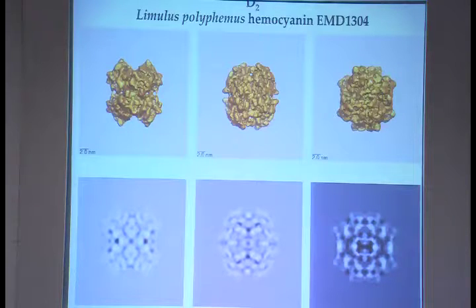Now, if you look at the projections along the 3 axes, you would be able to identify, looking at these projections and the images corresponding to these views of the molecules, that the 2-folds are present in different orientations of the molecule.